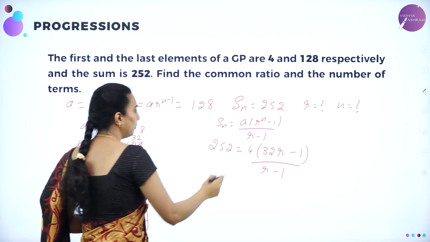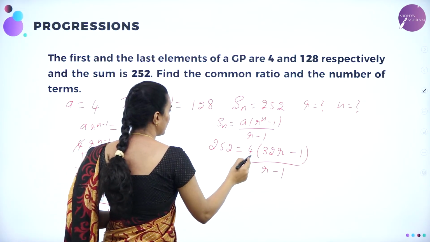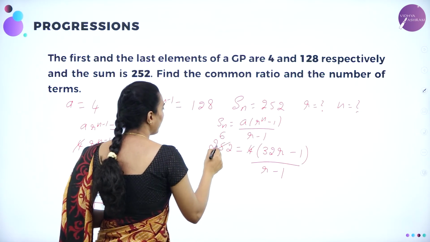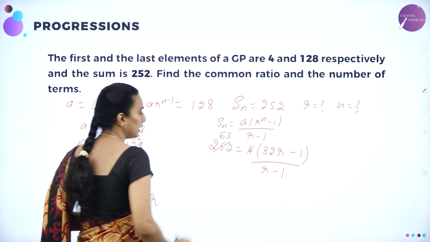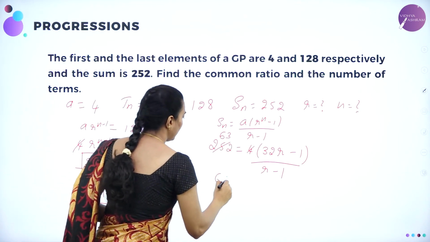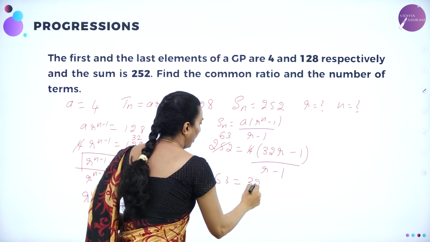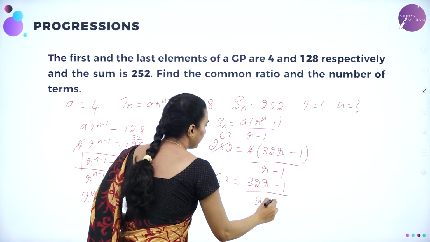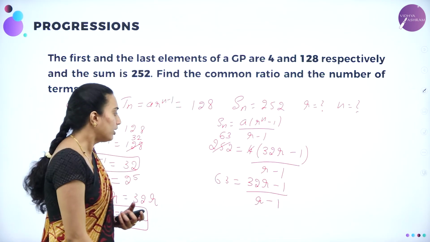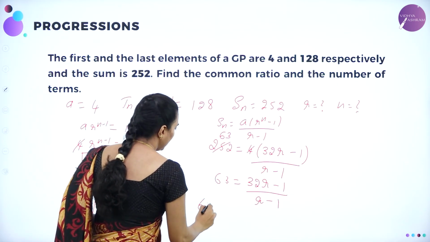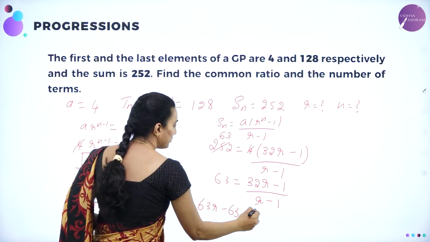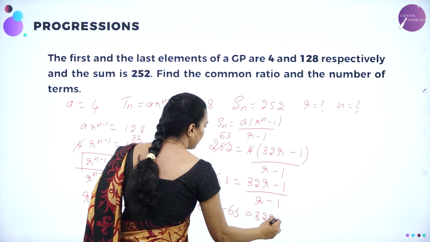Now you can cancel over this. 4 ones are 4, 4 sixes are 24. Now remaining is 12, 4 threes are 12. So 63 is equal to 32r minus 1 divided by r minus 1. Therefore, now you can cross multiply: 63r minus 63, which will be equal to 32r minus 1.